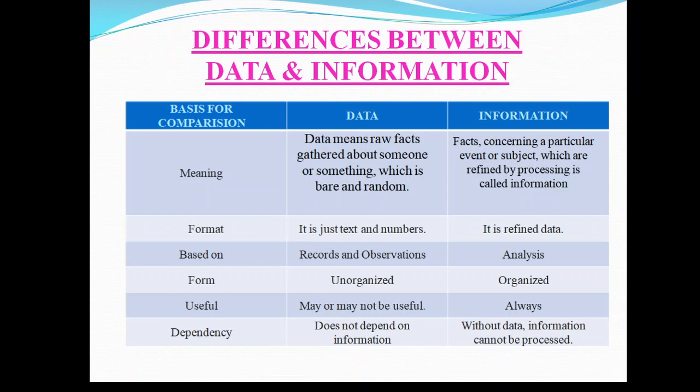So in a simpler way, the meaning of data is bare or random facts gathered about someone or something, whereas information is also facts, but facts refined by processing the data, and hence we term it information.